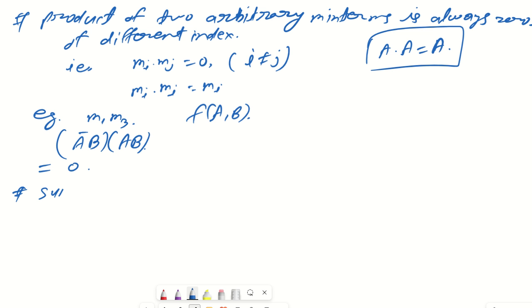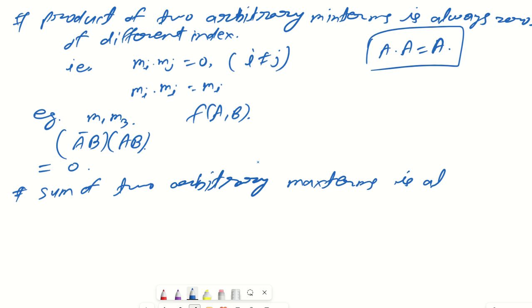So the sum of two arbitrary max terms is always 1 for different index. Understood? So this is what I wanted to tell you guys.